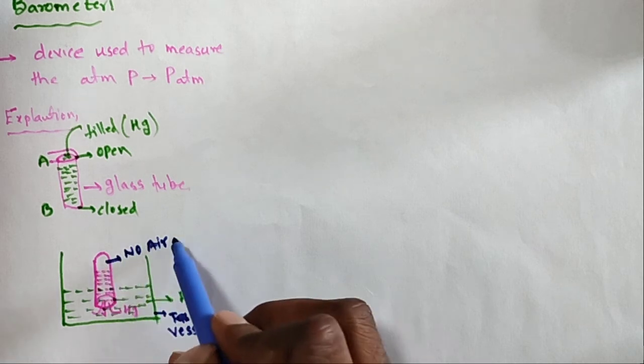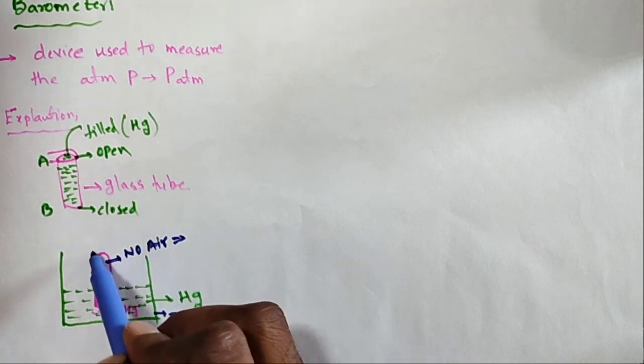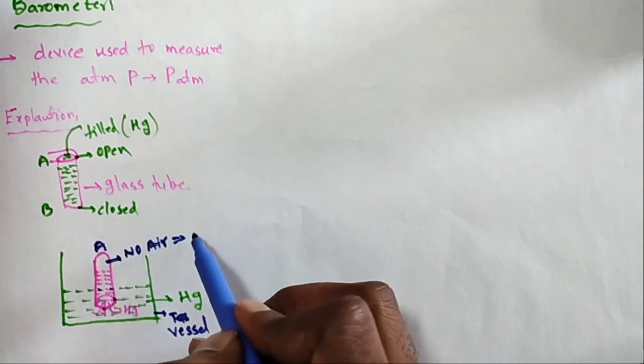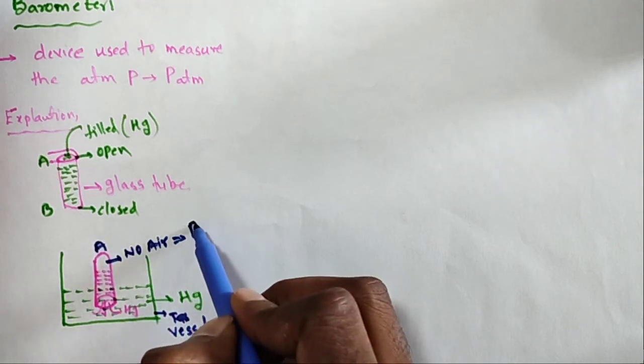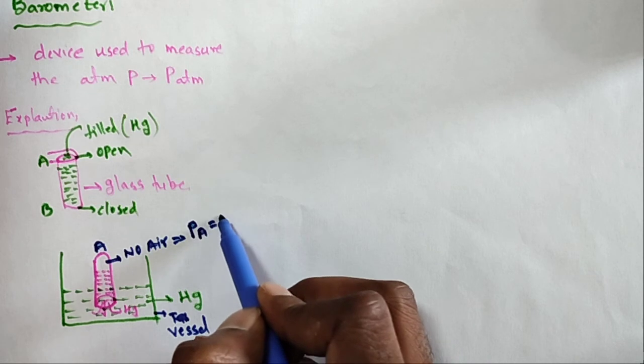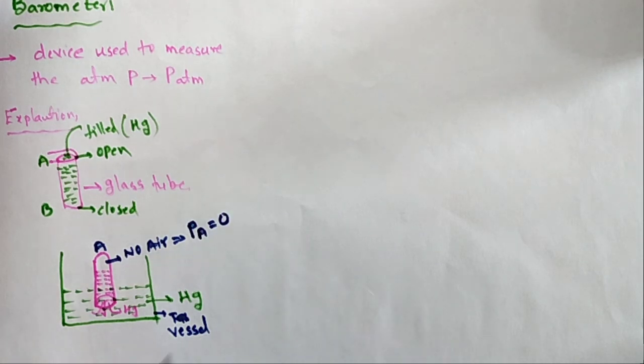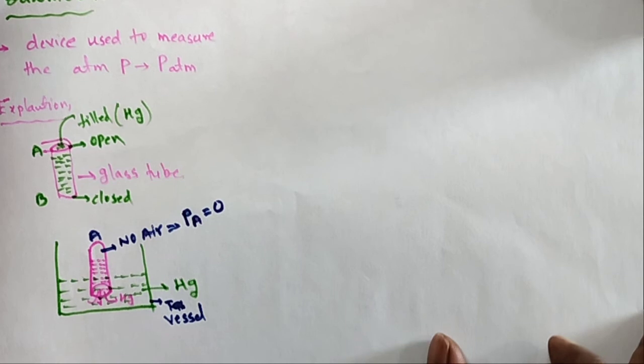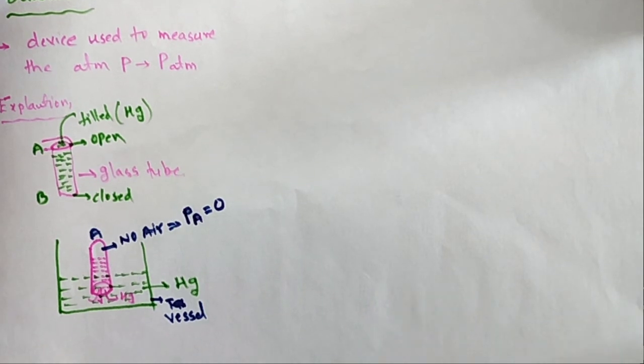Some mercury goes down in the tube into the vessel. At this point I take a point A inside. The pressure at this point A, Pa, is equal to 0, because no air is allowed.